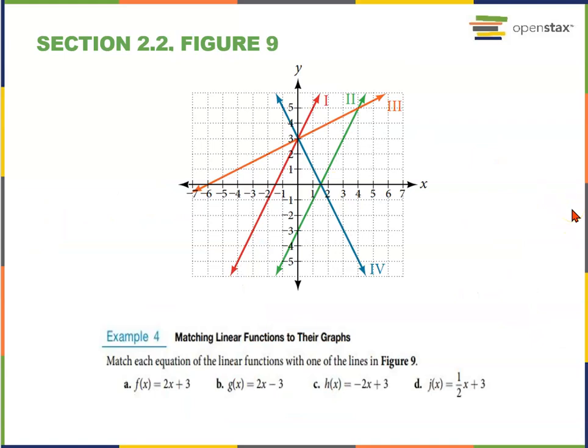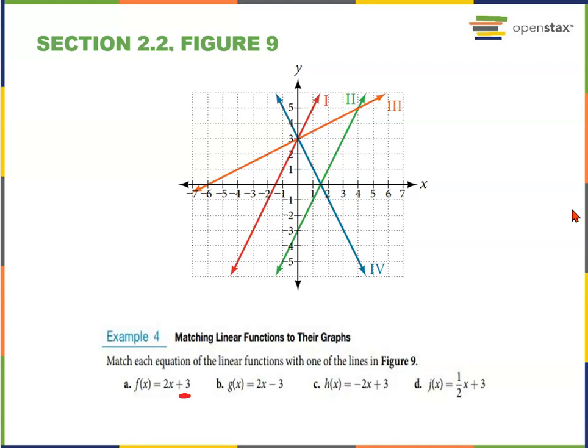Example 4, matching linear functions to their graphs. Match each equation of the linear functions with one of the lines in figure 9. Given all these functions A, B, C, and D, the first thing that I check here is the y-intercept. This should be on the y-axis.